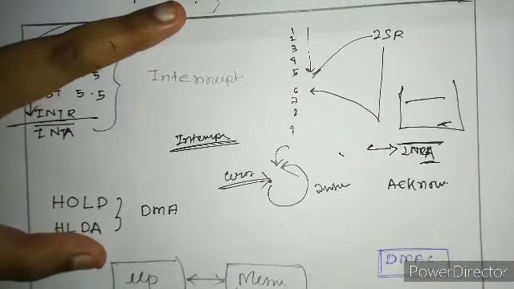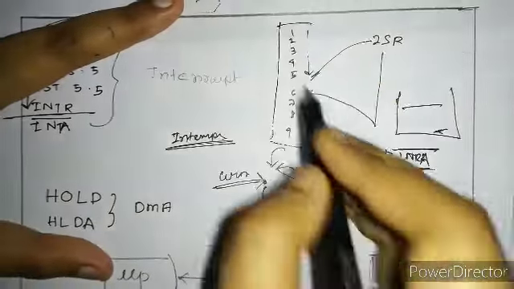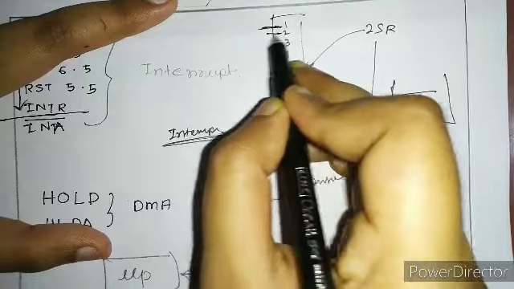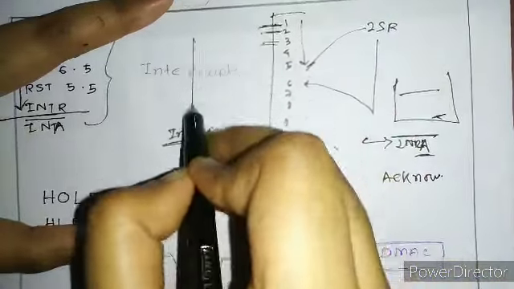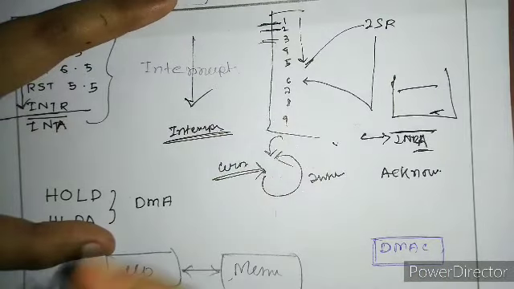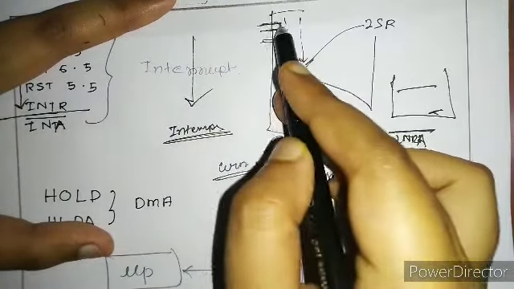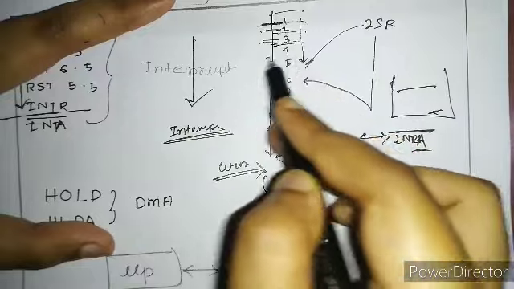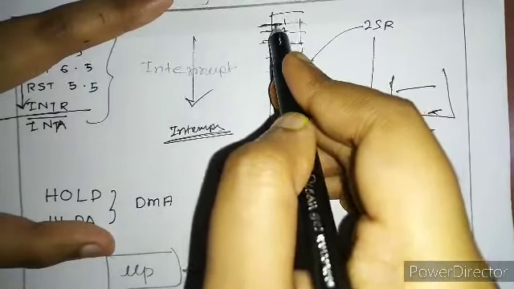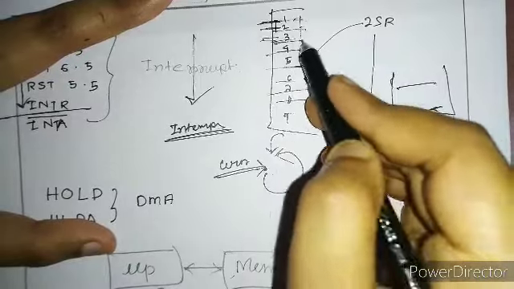How is this performed? Suppose your microprocessor is performing some task. It goes from one address to the next, continuously and in a sequential manner. Suppose these are the addresses where the operations were being performed, like 1, 2, 3, 4.